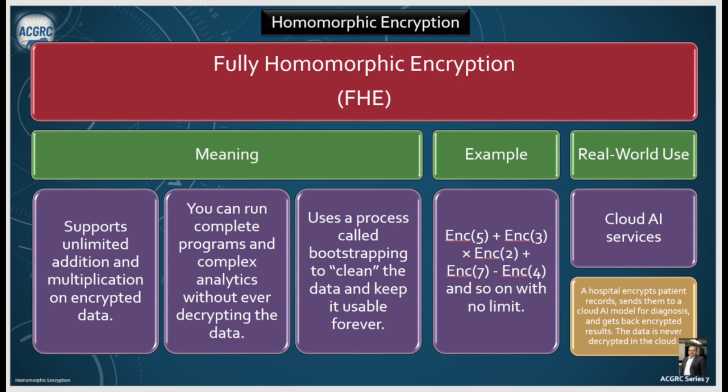Real world use, the cloud AI services. A hospital encrypts patient records and sends them to a cloud AI model for diagnosis and can get back an encrypted result. The data is never decrypted in the cloud. That's because in the cloud there could be multiple similar data coming in from hospitals, which would require a combination of it for research.